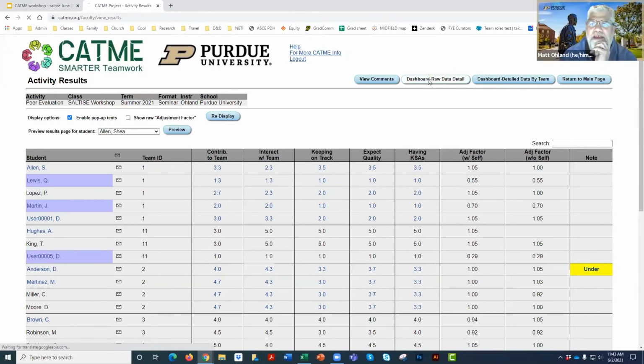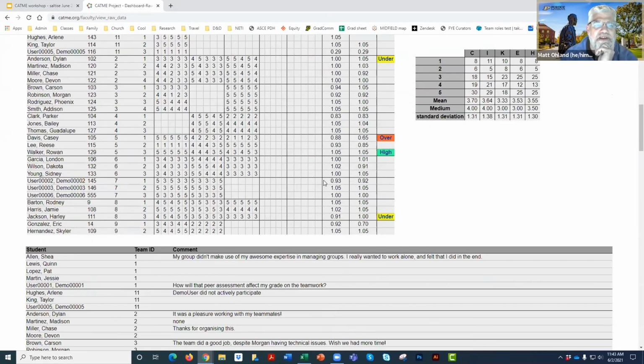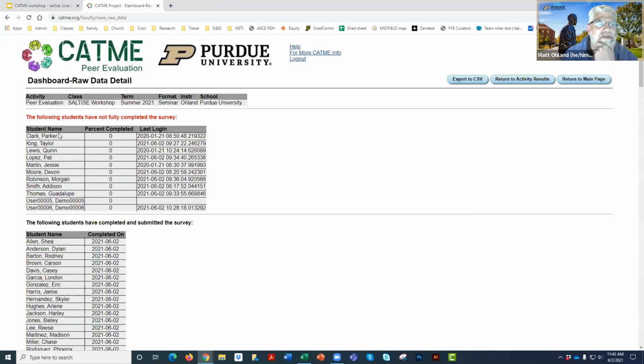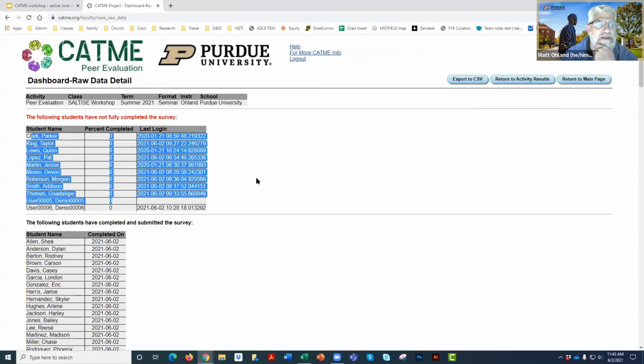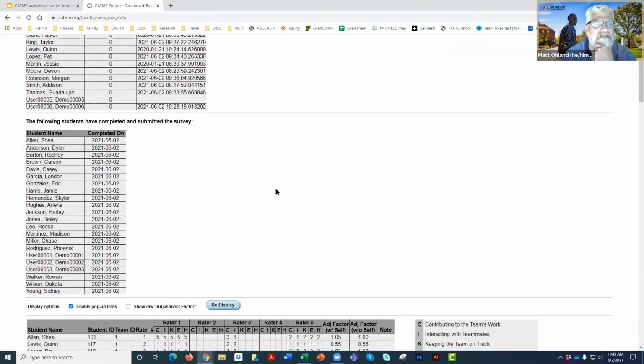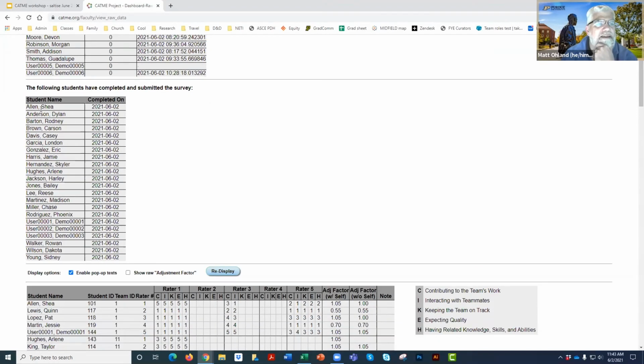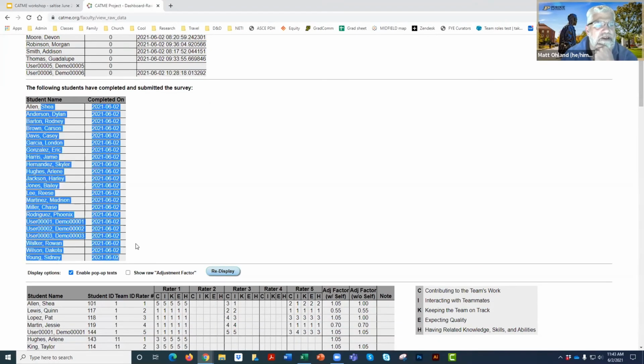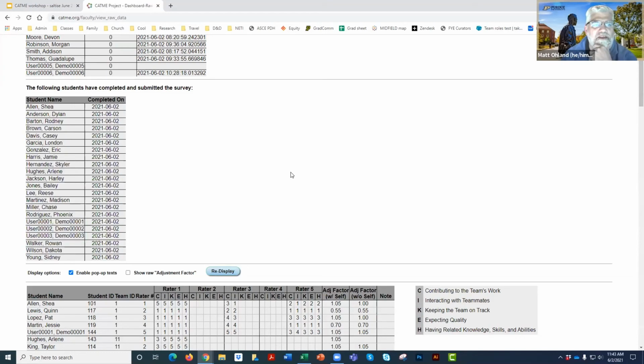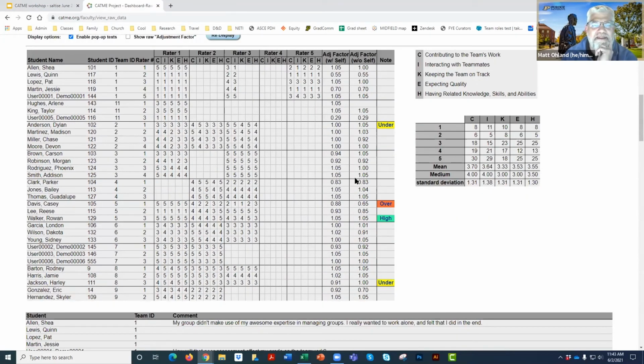So if we look at the raw detail, the first thing is it tells us which students did not respond, some of whom, as you said, were instructed not to respond. And it also has a table of who submitted their survey and when. And then these are the raw results, which indicate that we definitely have some students.